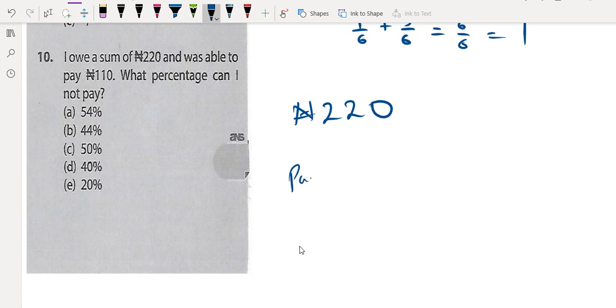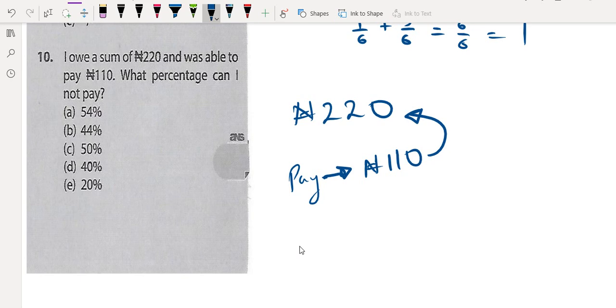Half of the money, 110 naira. Now if you look at the connection between 220 and 110, you can see it is half of it, right? So it means he paid 50%, which is half of 220, right?